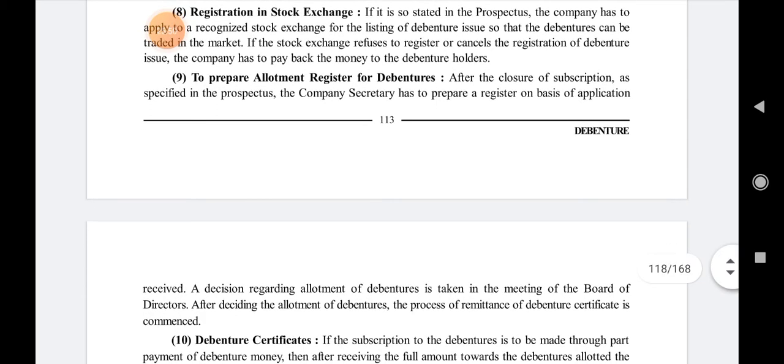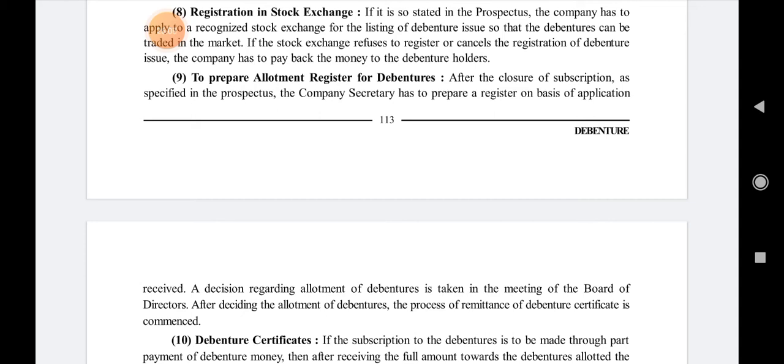Next one is to prepare the allotment register for debentures. After the closure of the subscription as specified in the prospectus, the company secretary has to prepare a register on the basis of applications received.